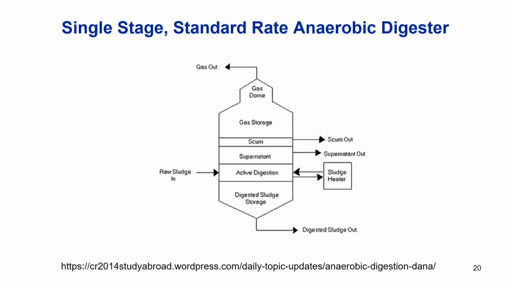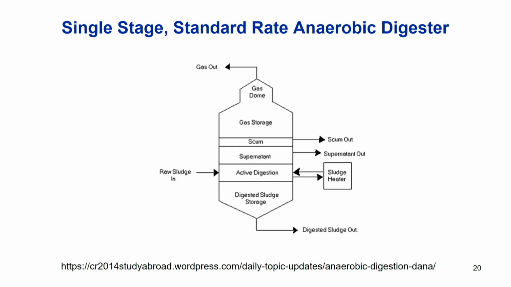Now I am emphasizing the anaerobic digesters because this is one of the processes where anaerobic treatment is given to the sludge. Here this is a single stage standard rate anaerobic digester. Only one digester is there, and the sludge enters into this, and then several layers are formed.